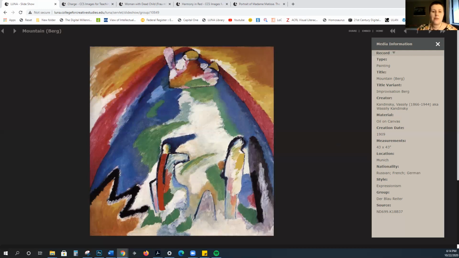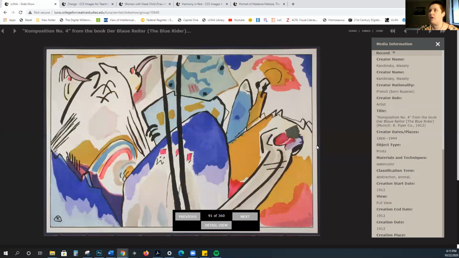So he's kind of looking more towards nature, and he sees music as a metaphor for abstract art. So it has form and tone. It can be felt, it can be heard, but the forms themselves are not seen. And so he attempts to create music like you would hear, but on a canvas. Okay, so not just something musical and beautiful, but actually depicting music on canvas.